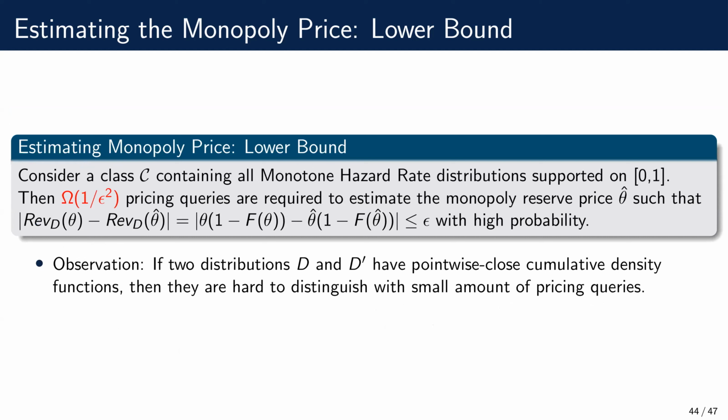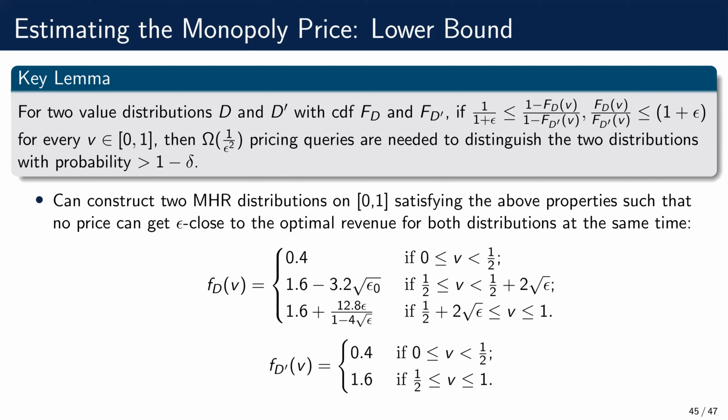We briefly discuss how the lower bound result can be proved. The key observation is that any two distributions that are close are hard to distinguish. In particular, if two distributions are such that for every value, both F(v) and 1 minus F(v) are multiplicatively close for the two distributions, then 1 over epsilon squared pricing queries are needed to distinguish the two distributions.